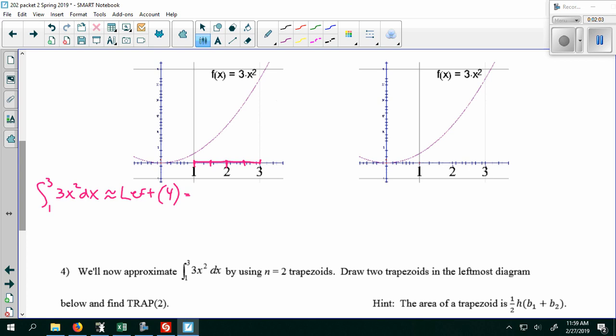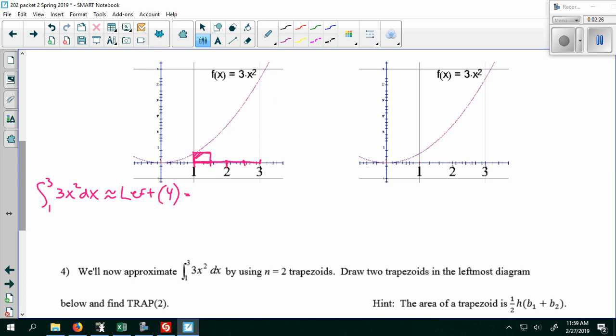Because I'm using left rectangles, I'm going to use the left endpoint of each interval to determine the height of the rectangle. So for the first interval from 1 to 1.5, I'm going to build a rectangle over that interval. The height of the rectangle is going to be the height of the function at the left endpoint, which is 1 in this case.